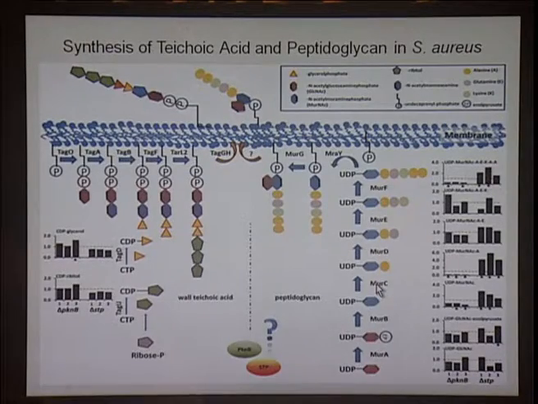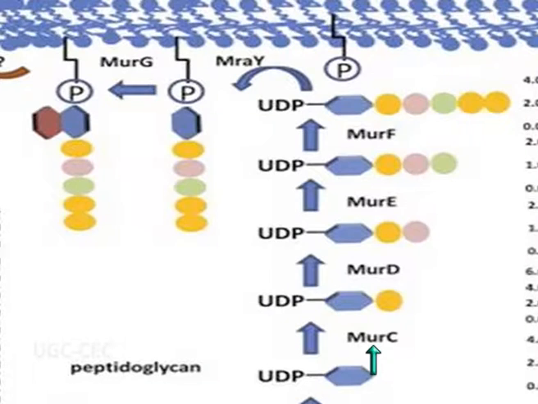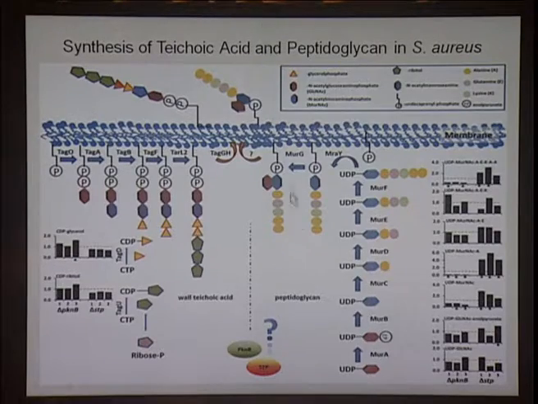Actually this event will be controlled by MurC, then MurD, then MurE and MurF. And these particular steps indicate attachment of the amino acids to the sugar residue. So, this MurNAc sugar residue will have the amino acids alanine followed by glutamine followed by lysine, and then the lysine again here is followed by alanine.